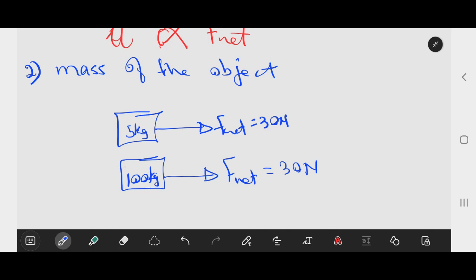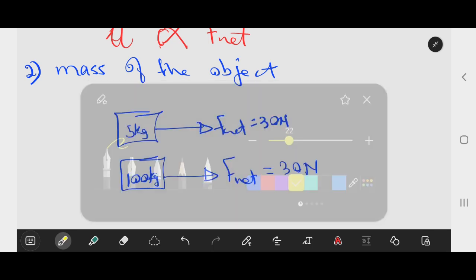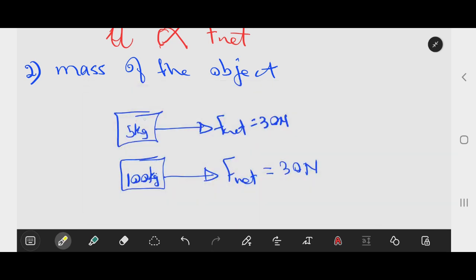And from these two, you can see that it is a bit difficult to accelerate an object which is heavier, or an object that has a bigger mass, compared to an object that has a smaller mass, right? Using the same amount of net force. So it would be easier to accelerate an object of a smaller mass, right? And it would be difficult to accelerate an object of greater mass.